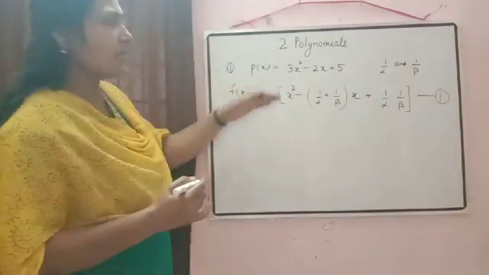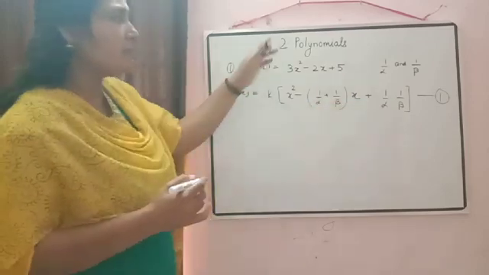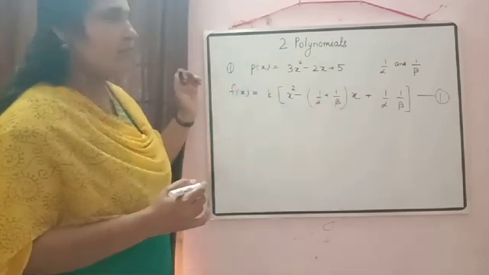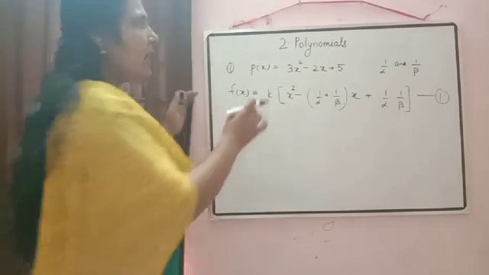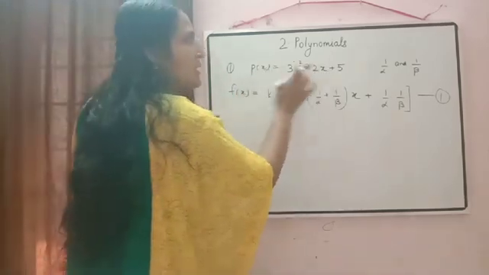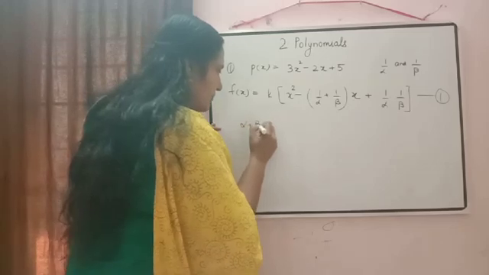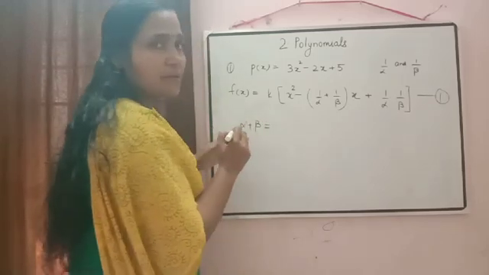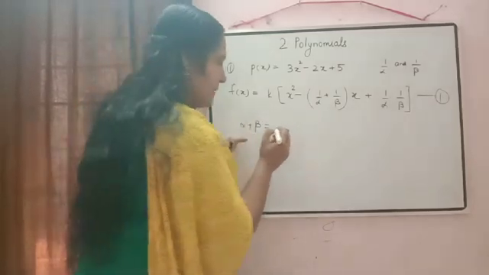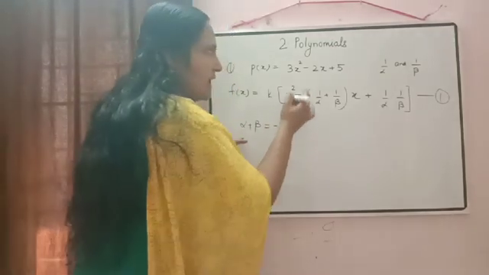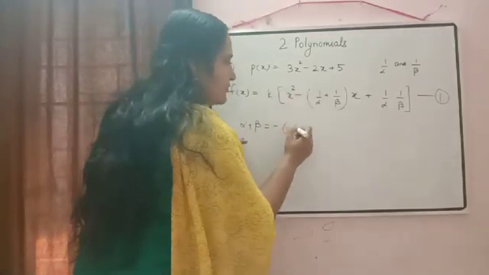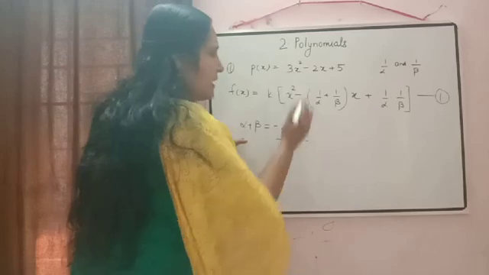Now we will check how we can calculate these values from the given information. It is given alpha and beta are the zeros of p of x. Then from the formula, sum of the zeros is equal to minus b by a. So minus of, the value of b here is minus 2, by the value of a which is 3.